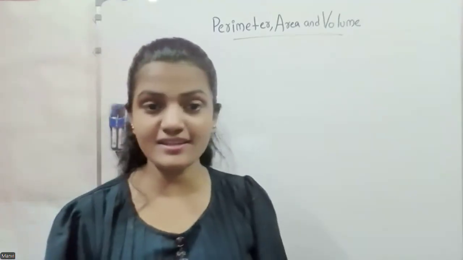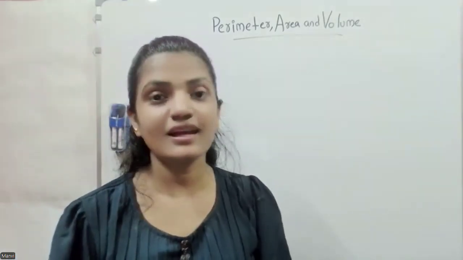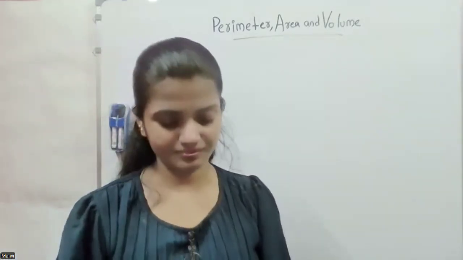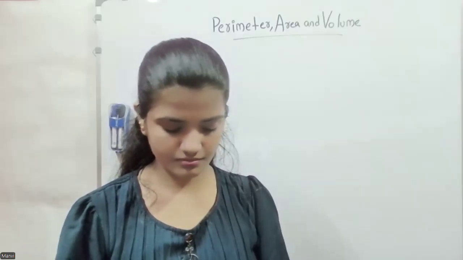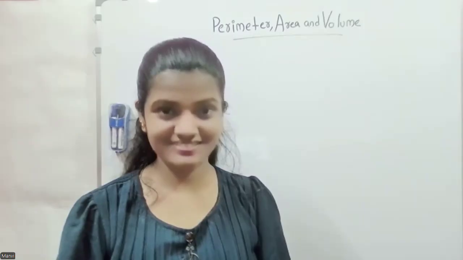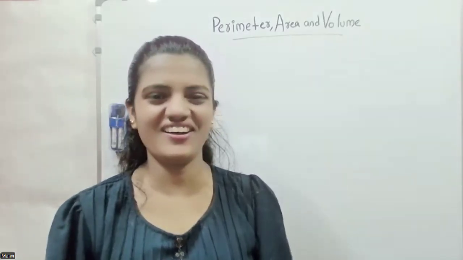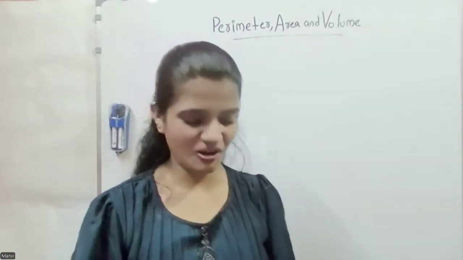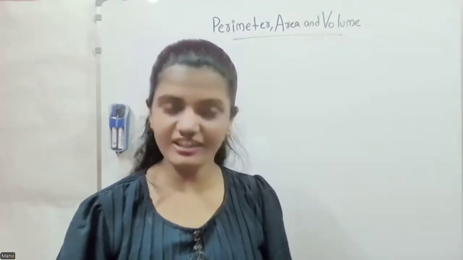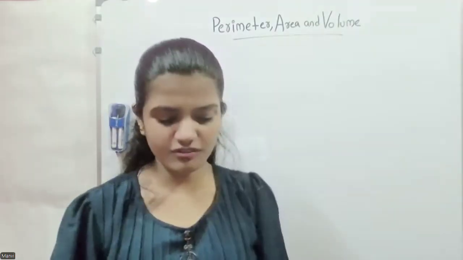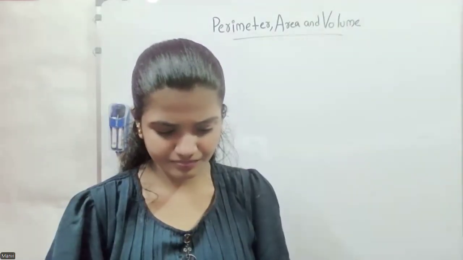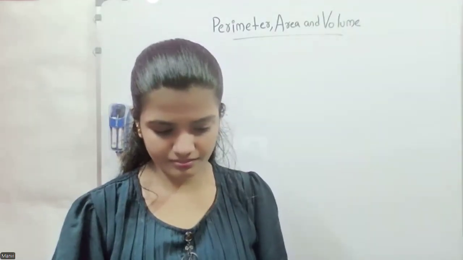Parallelogram, the formula is base times height. Oh, I just keep thinking about trapezium. Okay, now tell me, what is the area? 8. Very good. Very simple, right? I just got confused.